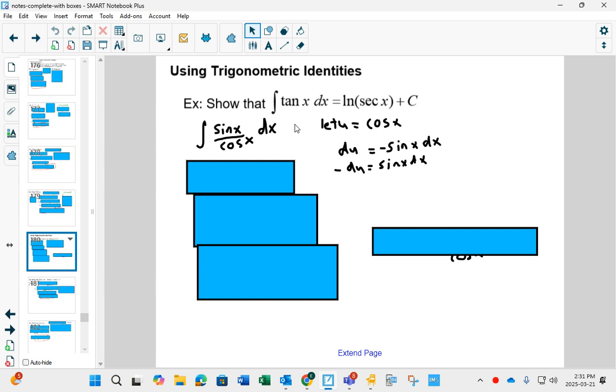And then I would make my u equal to the bottom and hope everything else goes away, which it does. Except for a little negative, but we can manipulate that because the derivative of cos is negative sine. And then when we substitute that in, we get 1 over u negative du.